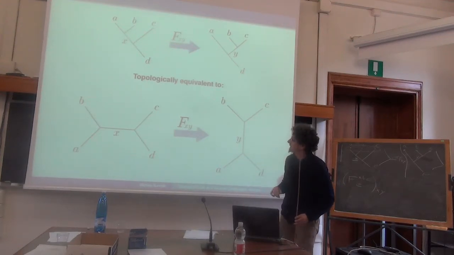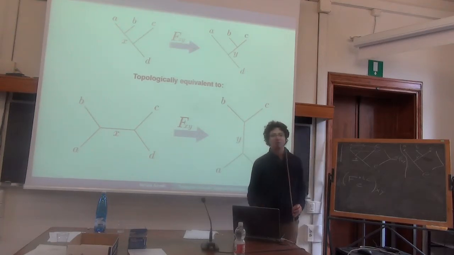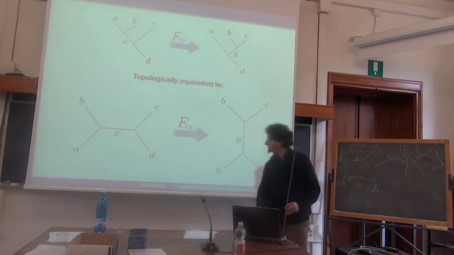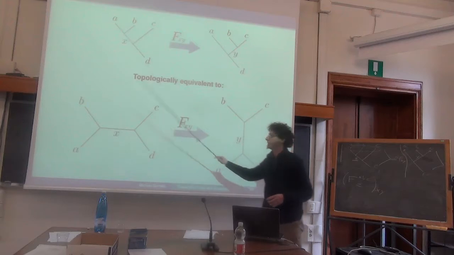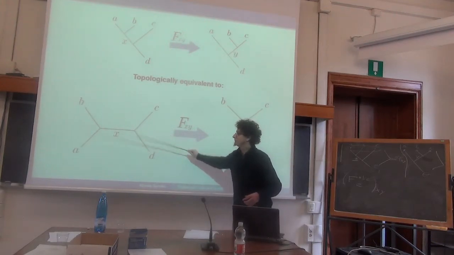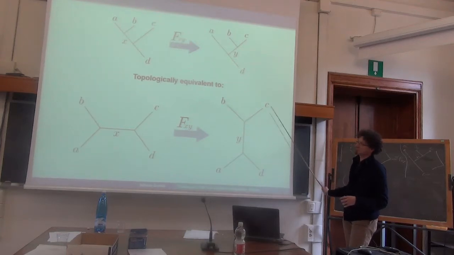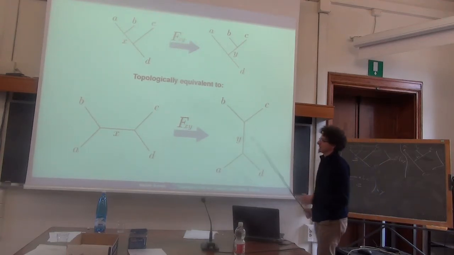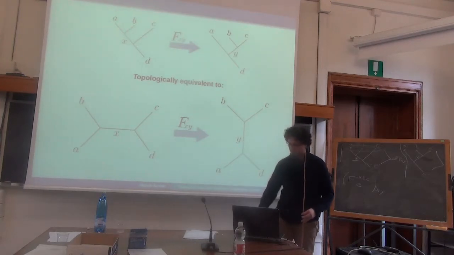There is an interesting connection with conformal field theory, which was emphasized also by Giuseppe yesterday, and that is essentially that you may see this as a conformal block of the fusion of these two fields, whereas this represents the fusion of these two fields. But overall, the correlation function must be the same.